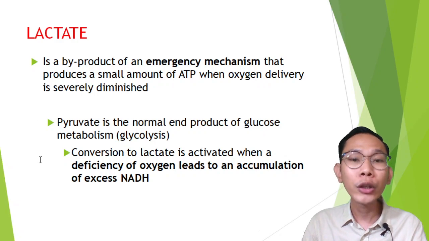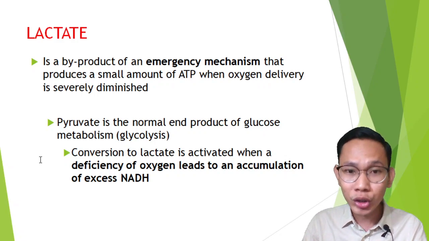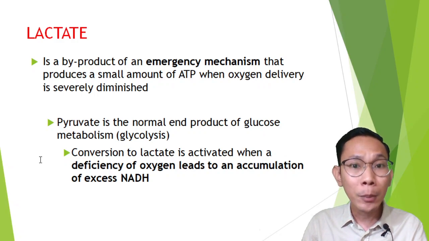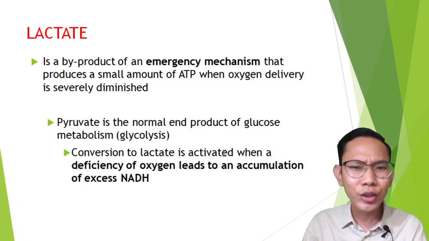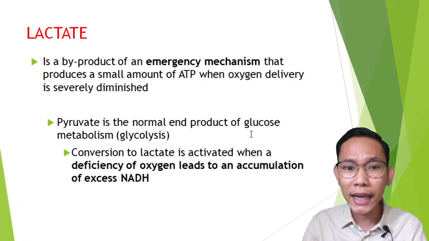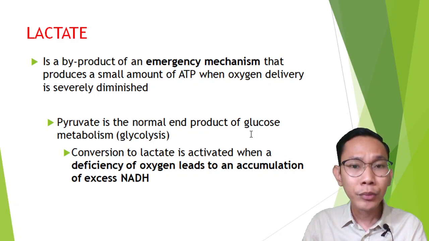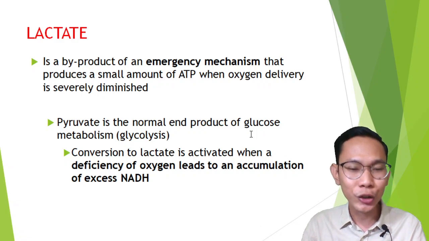Pag nagkaroon tayo ng mababang level ng oxygen sa ating katawan, since our body needs a constant level of energy, syempre gagawa ng paraan ang ating katawan. Pag wala ng oxygen or diminished oxygen, tapos kailangan natin ng energy, anong nangyayari? Nag-undergo tayo ng anaerobic glycolysis kasi nga wala ng oxygen. So we have to undergo anaerobic glycolysis to produce energy.